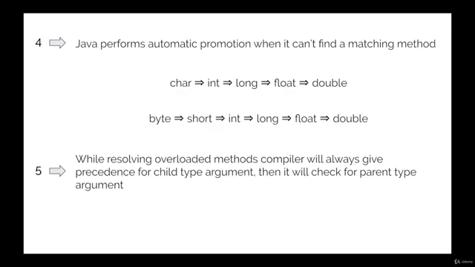Whenever you have overloaded a method with two versions, one with the parent type of the argument and another with the child type, and both are a match for the method call, the compiler will always prefer the child type of the argument and not the parent type. Let me illustrate this with an example.